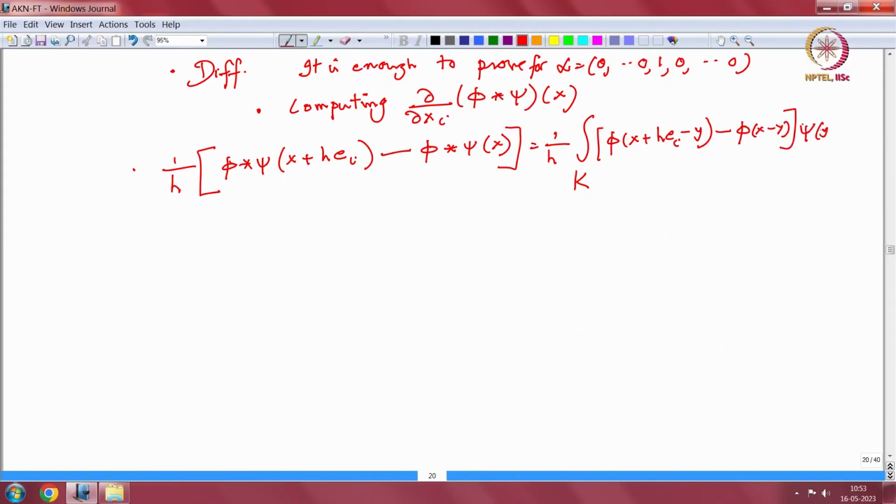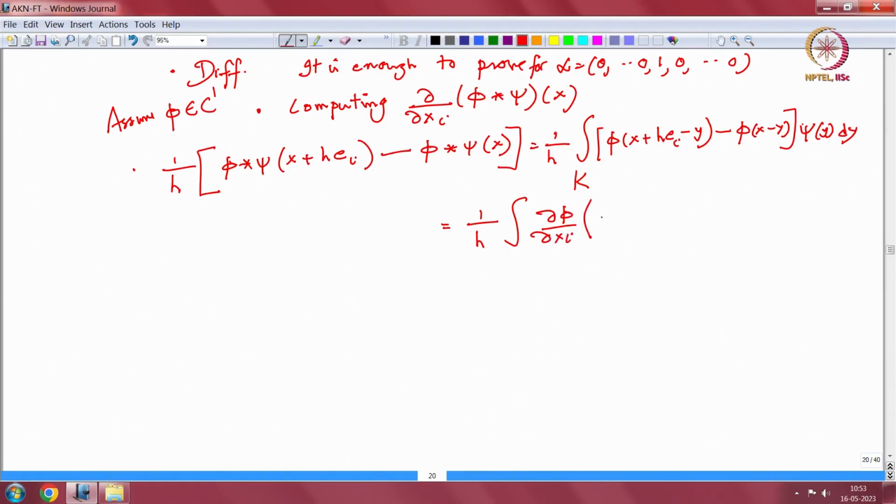Here you assume phi is in C1. If you want alpha, assume phi is in C^m with mod alpha less than or equal to m. So, this will be nothing but your d phi by dxi.